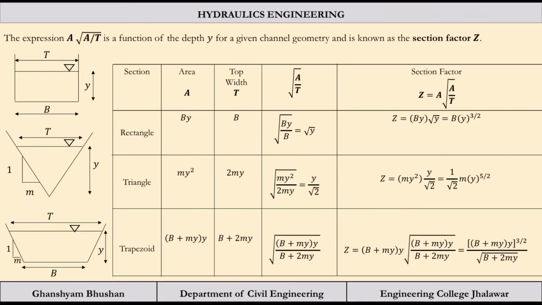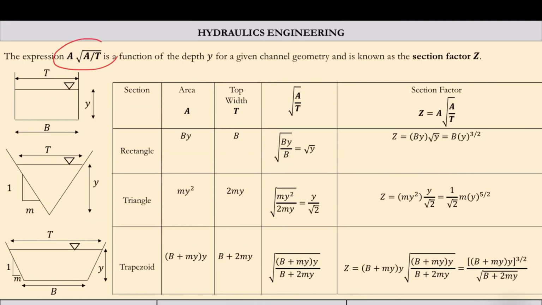Now in the previous lecture we discussed a parameter which was section factor. The expression A into root of A by T is known as the section factor. So in general you will have only these three standard cases: rectangle, triangle and trapezoid. So I have calculated Z for these.